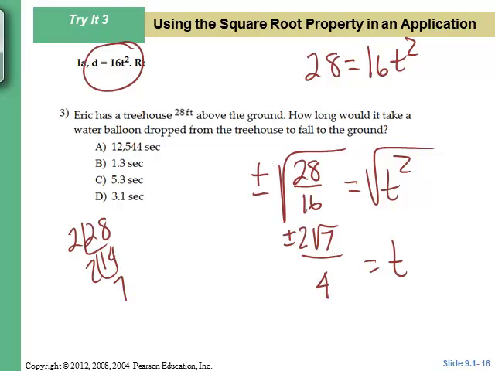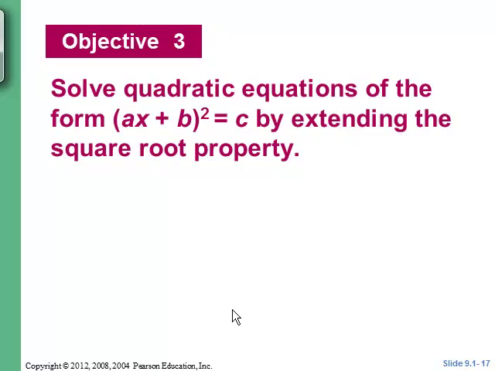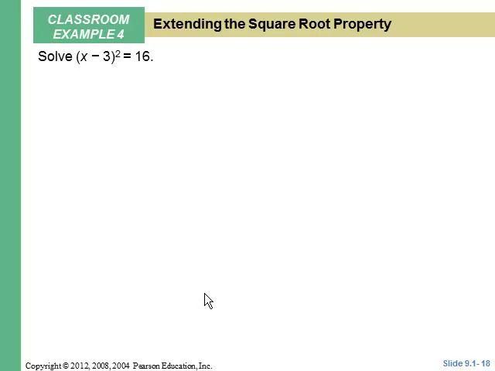But it's not going to be minus. So 2 square root 7 divided by 4 equals 1.322875656 seconds.